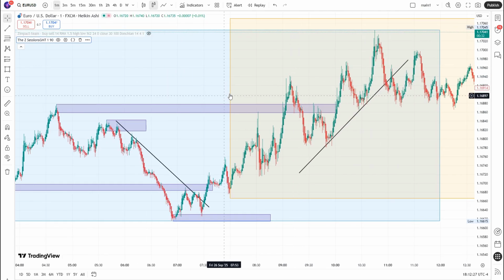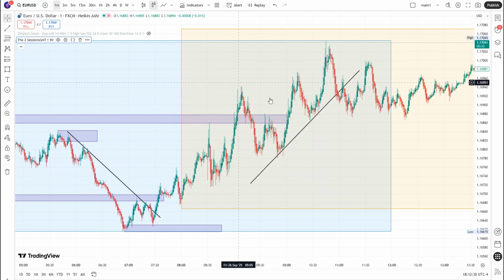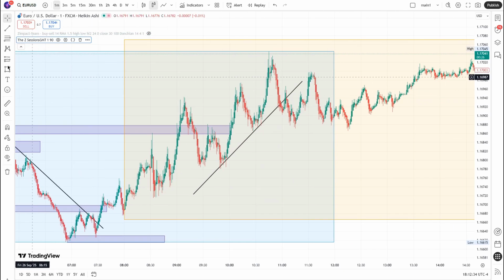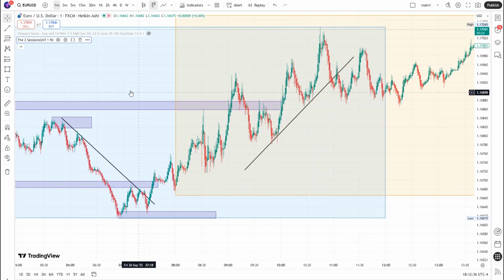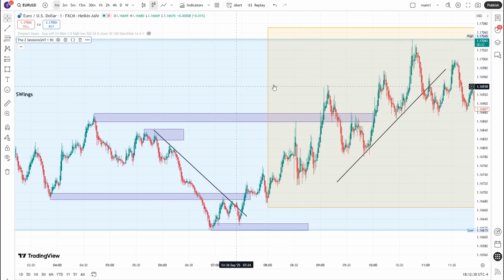Guys, the whole of trading is zones, so it depends on you how you want to customize your zones. For now, I just give you a quick note here.